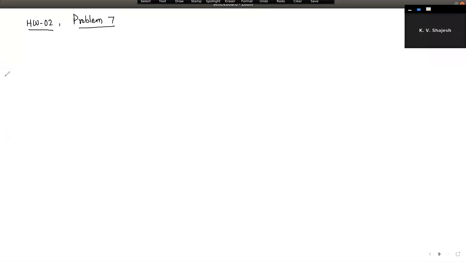This problem 7 talks about a speeder, or a cop trying to catch up with a speeder. So let's represent the lanes, let's say this is an interstate road, and these two lines represent two lanes on this road.